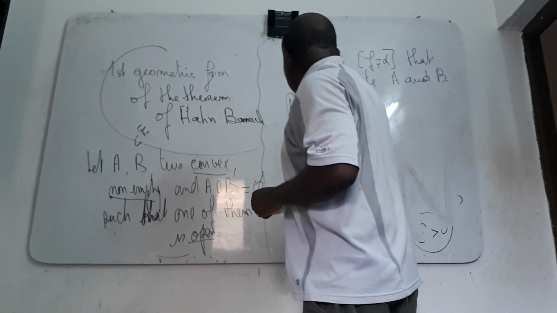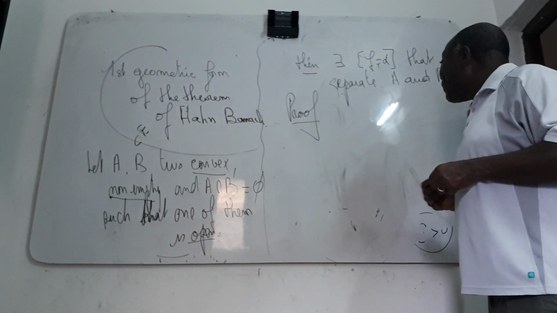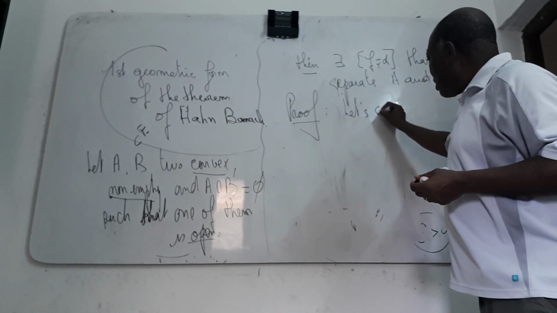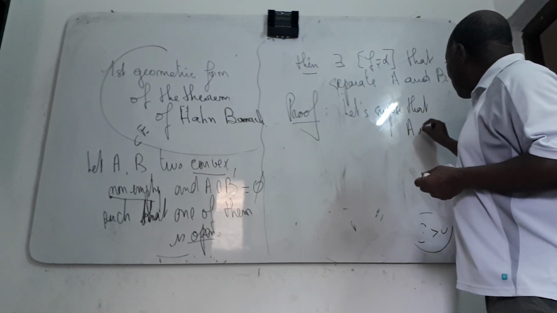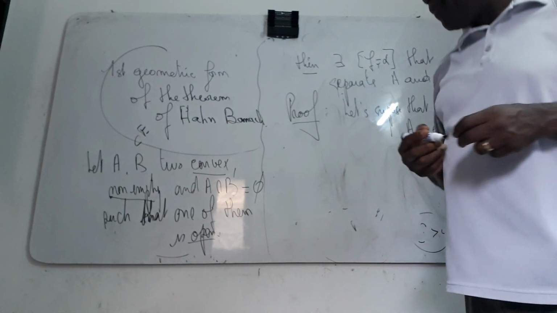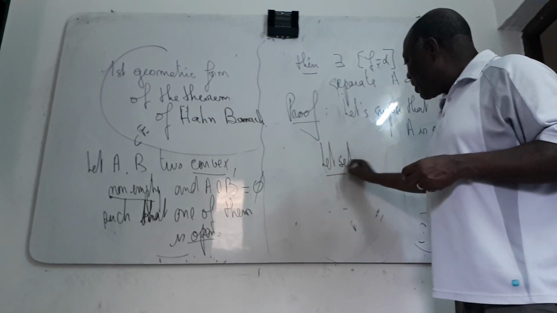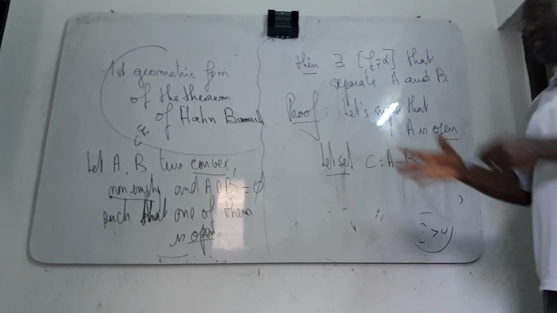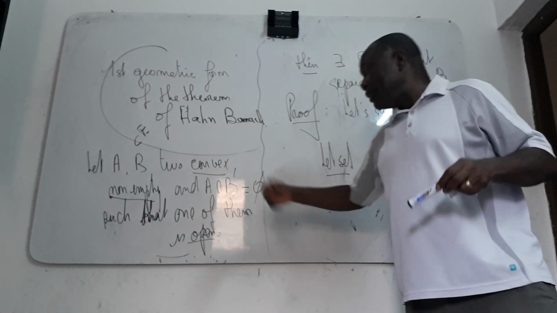For the proof, I'll give you a sketch. We suppose that A is open. So let's set C equal to A minus B. In this condition, A and B are convex, non-empty, disjoint, and one of them is open.